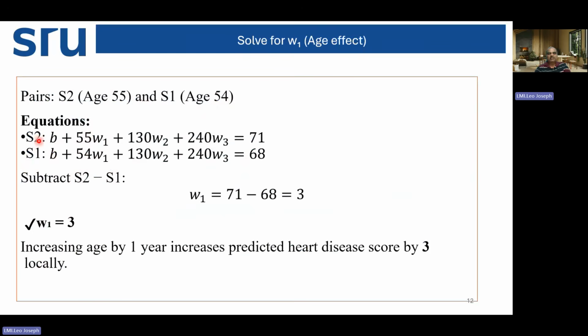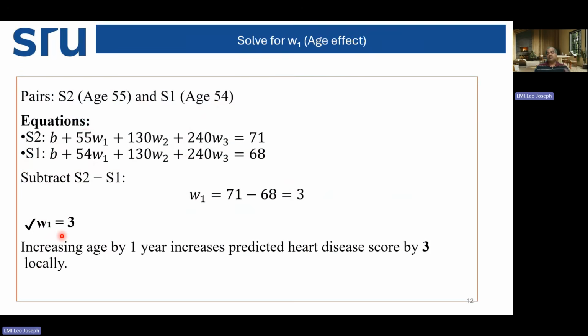So I am subtracting S2 minus S1. What happened? W1 is equal to this weight. This is 1, right? So W1 is equal to 71 minus 68. These two cancel, so what remains is 3. What is the indication? If W1 is equal to 3, that is, if I increase age by 1 year, if 54 becomes 55, then the risk score increases by 3 according to the model.